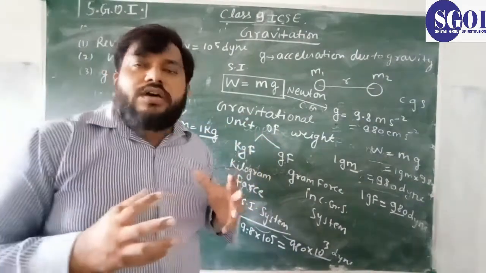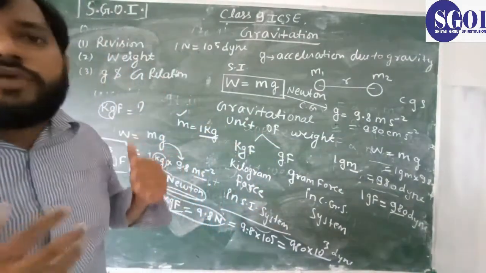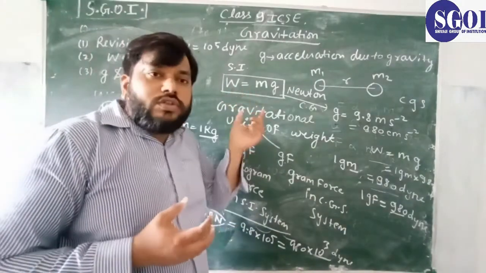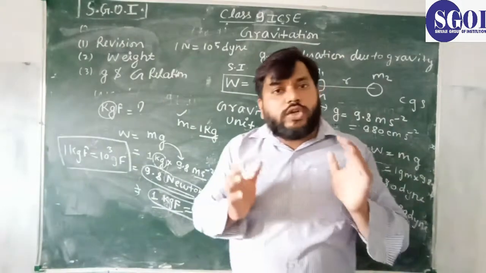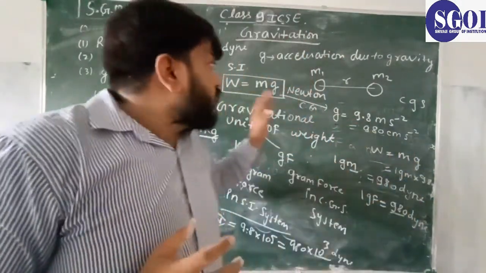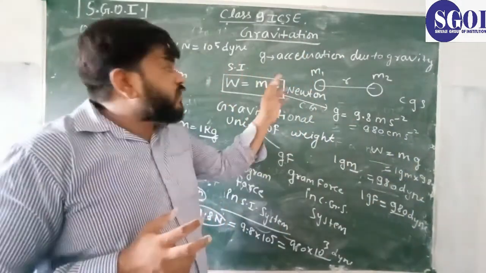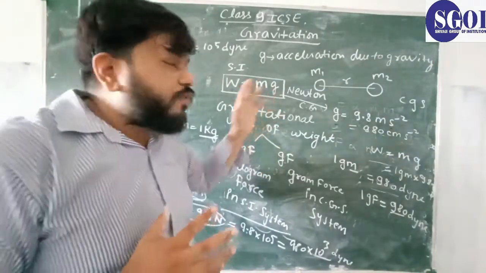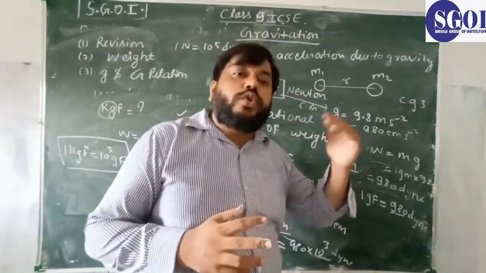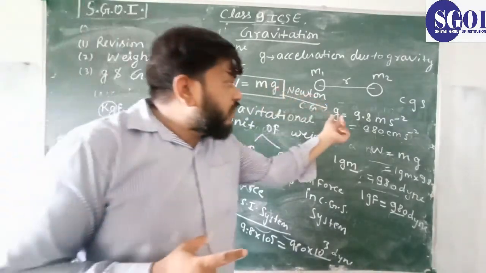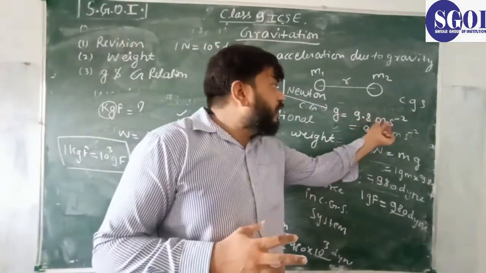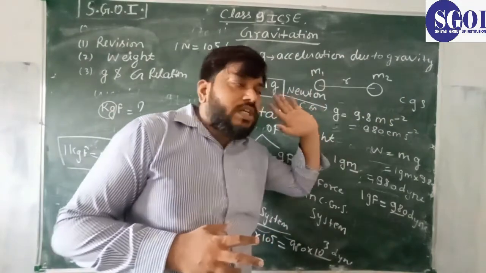And the formula for the weight is just like the formula for the force, because weight is also force. According to Newton's second law, F is equal to ma. So in place of a we just put small g, because small g is acceleration due to gravity, and the value of g near the earth surface is 9.8 meters second power minus 2.